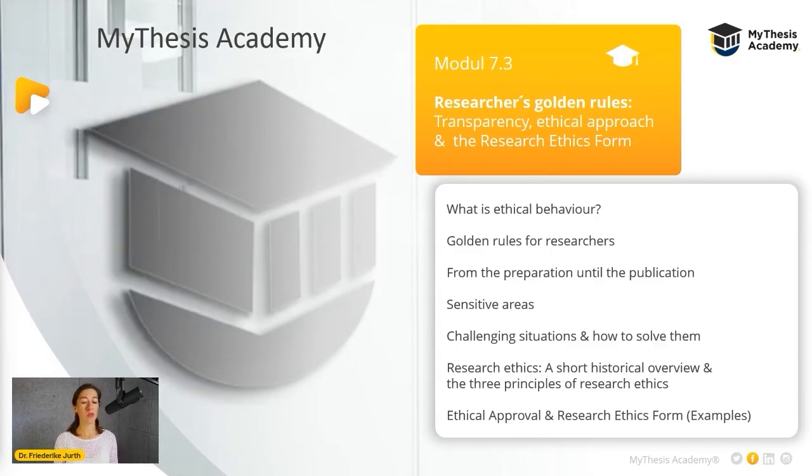Last but not least, we will get into a short historical overview and focus on the 3 principles of research ethics. And finally, we will get to the ethical approval and the research ethics form. I will show some examples and provide you with some templates and make you aware of what is important when you fill out such a research ethics form.